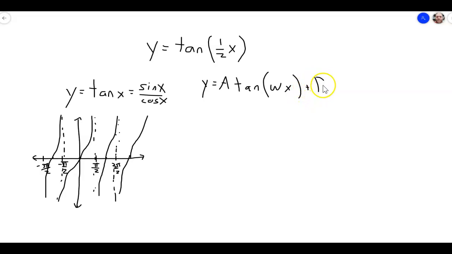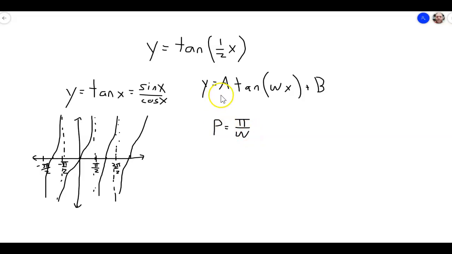So if we have it in this form right here, we can use this value in order to find the period of our new function. And the period of our new function is just equal to pi, because pi is the period of our original function, divided by whatever this omega is.